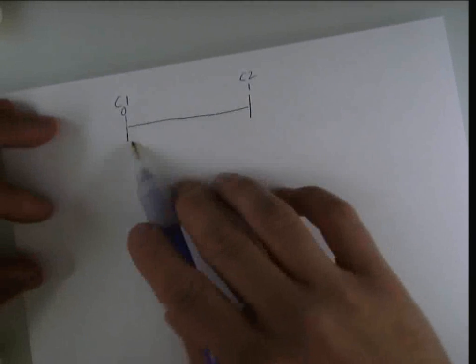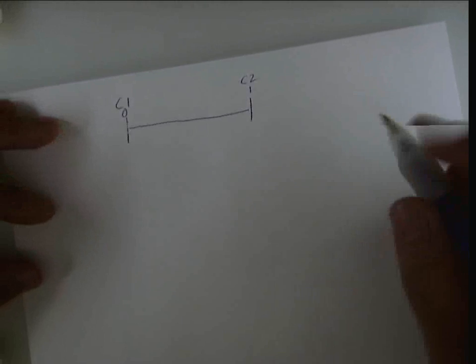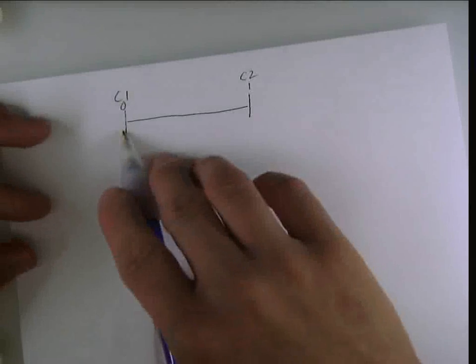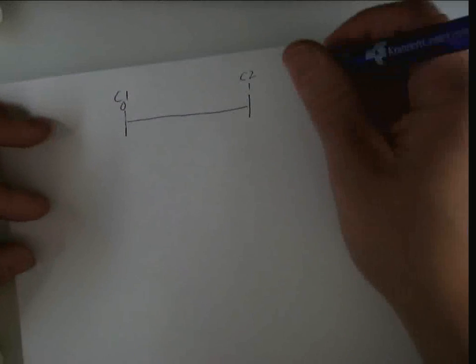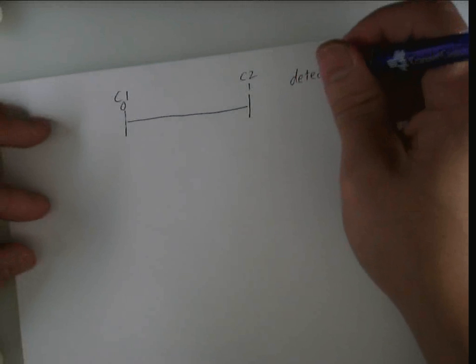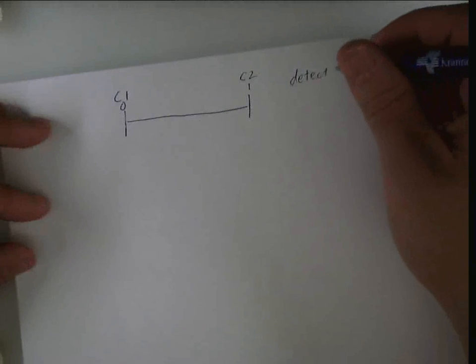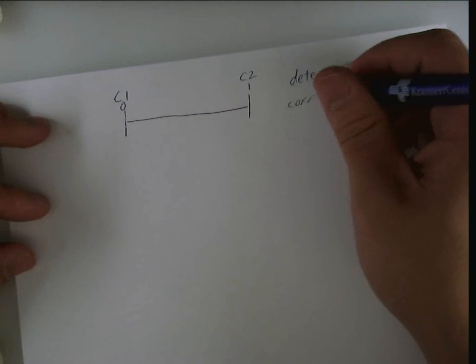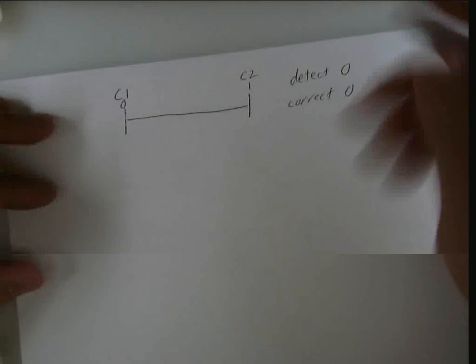If I change one bit, I switch from this code to this code and back and forth. This is true for any distance 1 code. So I can't detect that an error has occurred because I'm at a valid code word regardless of whether or not an error has occurred. So here I detect 0, correct 0, because I can't correct if I can't detect.